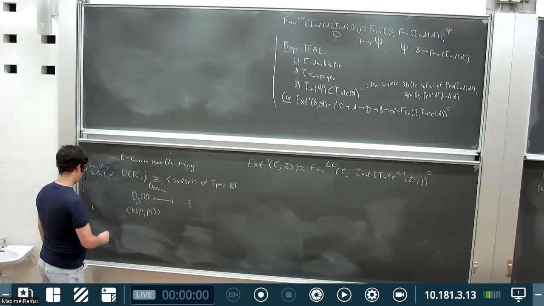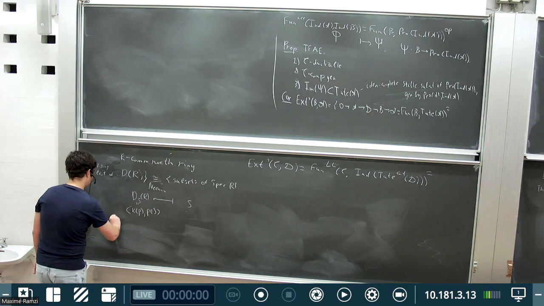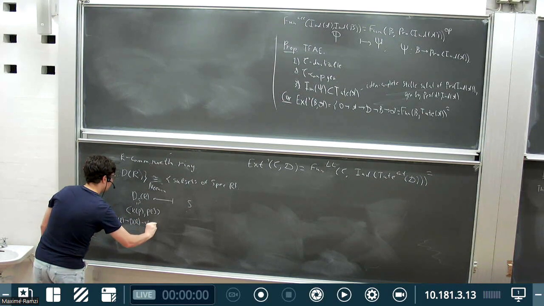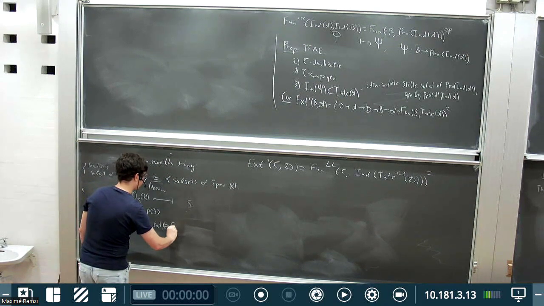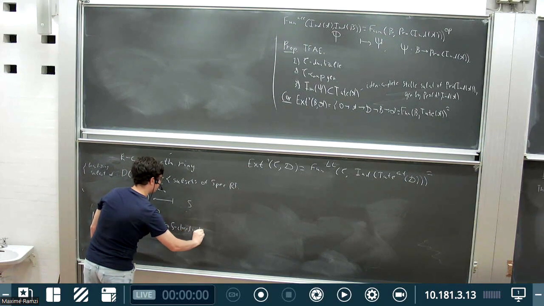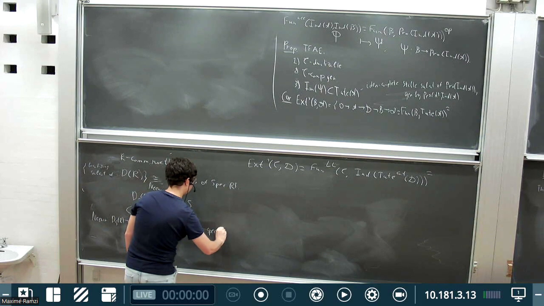Neeman also showed that the inclusion is strongly continuous if and only if S is closed under specialization. And in this case, it's a compactly generated category.